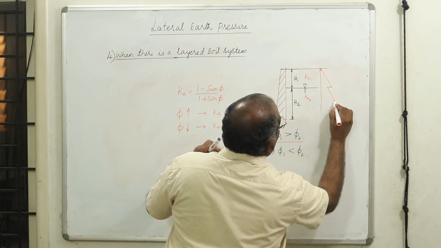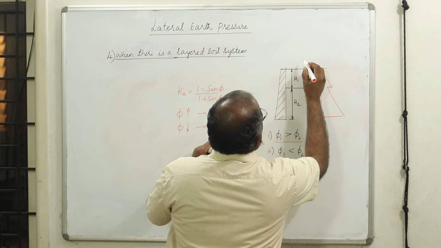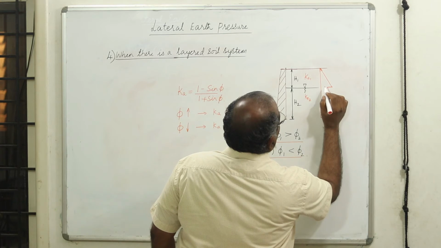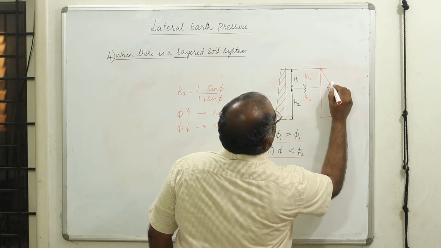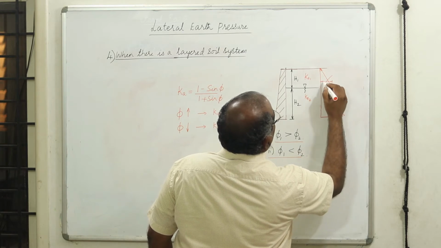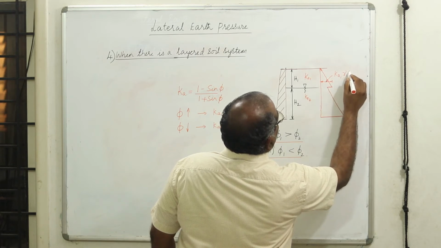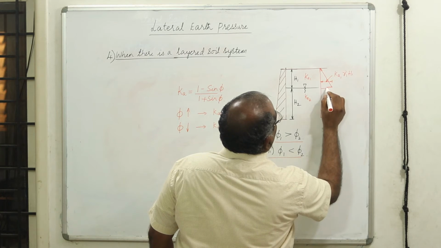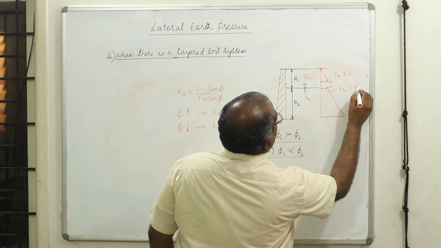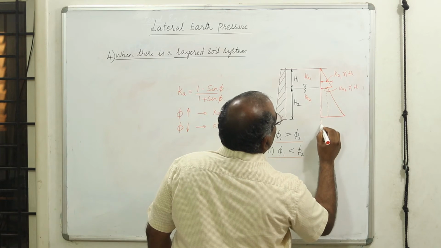This is how it looks, the second case, when phi1 is less than phi2. Now this value of the stress corresponding to the interface will be Ka1 into gamma 1 into H1, and this value will be Ka2 gamma 1 into H1, and this is going to continue.